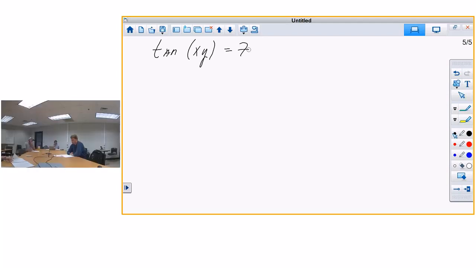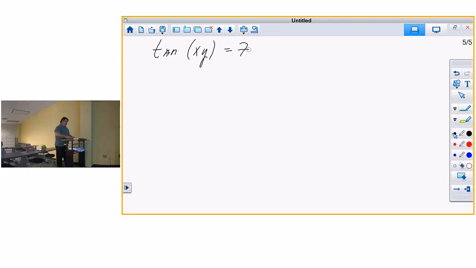Take a minute, pull out your derivatives of trig functions if you haven't memorized them yet. But the derivative of tan is what? Starts with s. Secant squared.